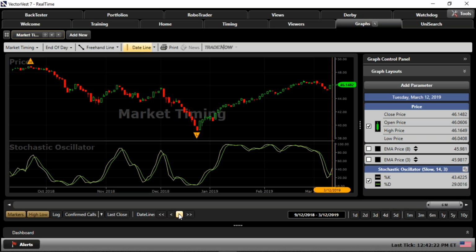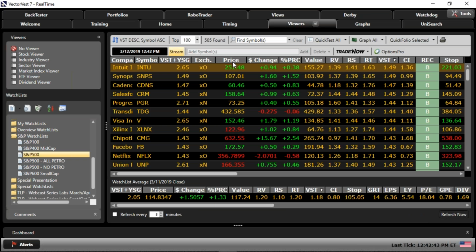Does that make sense, right? Logically, if the VVC stochastics is just crossing from below 20 to above 20, let's go and find stocks that are doing the same thing. Okay, so I almost forgot to look at the market first. So that's what we're going to do. We are going to go back to that list of S&P 500 stocks, and I'm going to graph them all. I'm going to click on this Graph All button at the top.